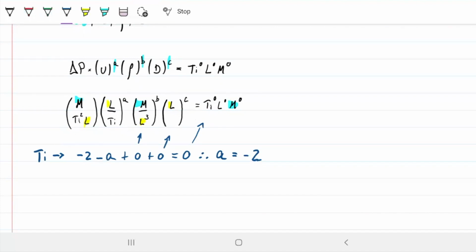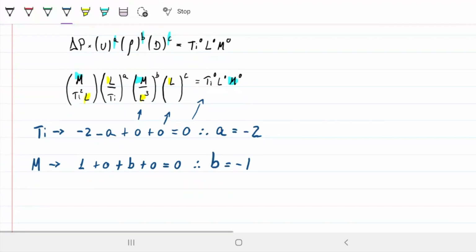Next, let's do mass, because we only have 2 terms for mass. I have 1, then nothing, then B, then nothing, and it has to equal 0. So B equals -1. Last is length, where I have the most terms.